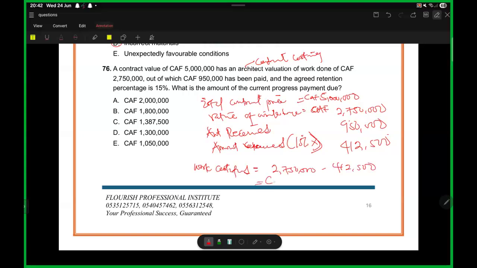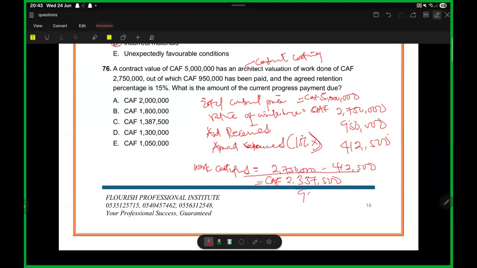I think I'm getting 2,337,500. Is that correct? Yes, okay. Now it means that the amount that we need to pay to the contractors is this amount.